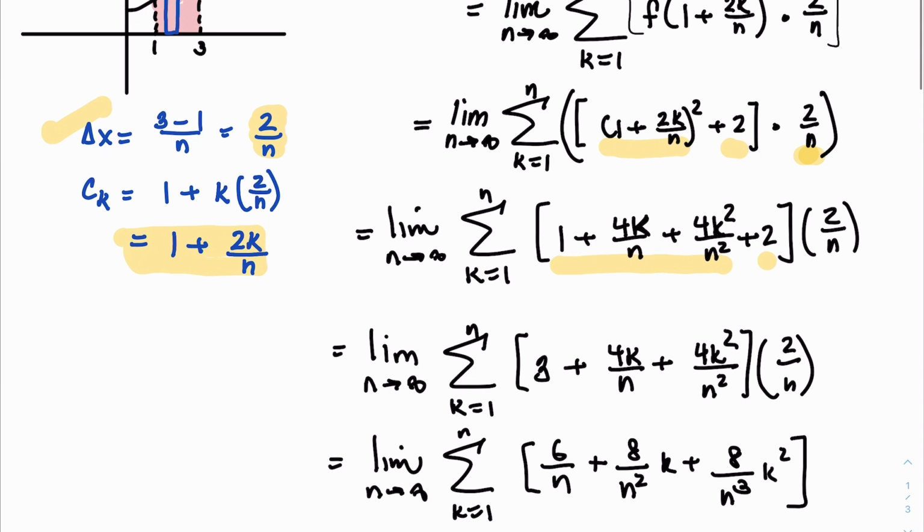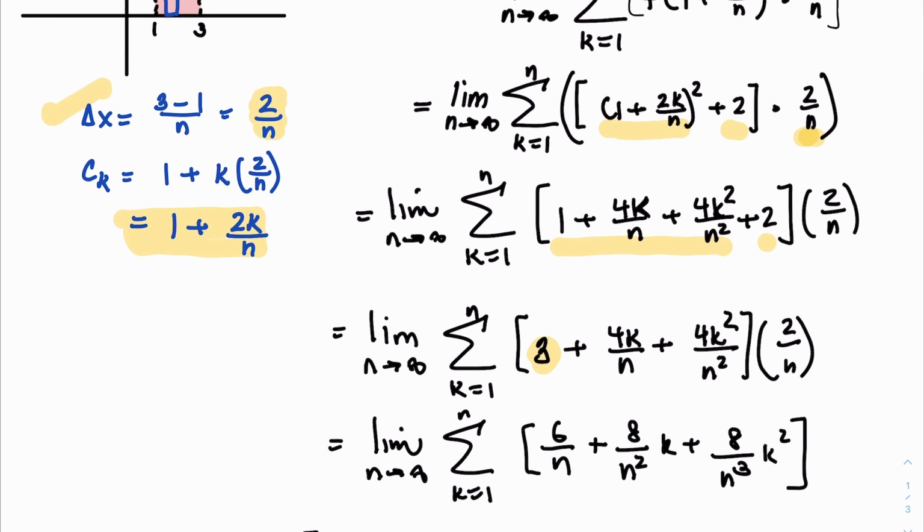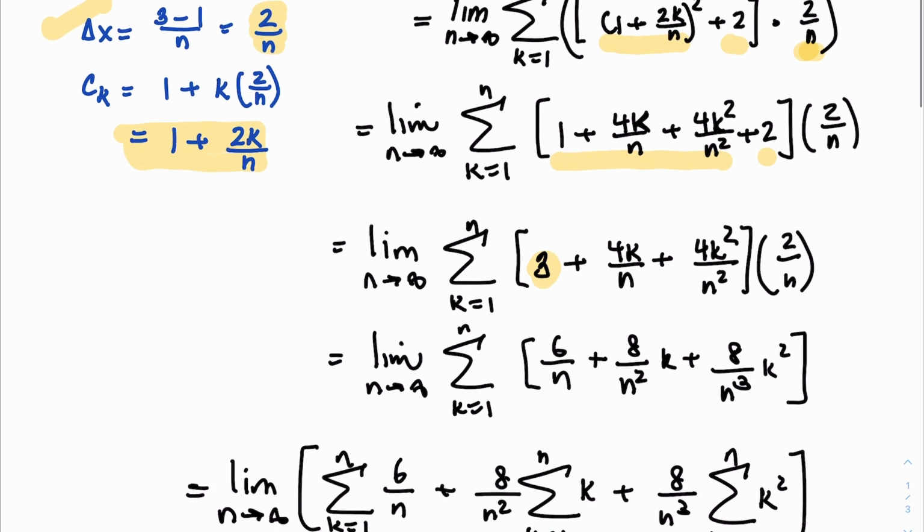In the next step, all we're doing is combining the like terms. The 1 plus 2 becomes the 3, so that's the only major highlight happening there. And still that whole sum multiplied by 2 over n. And then now distributing the 2 over n through, so 3 times 2 over n becomes 6 over n, and so on and so on.